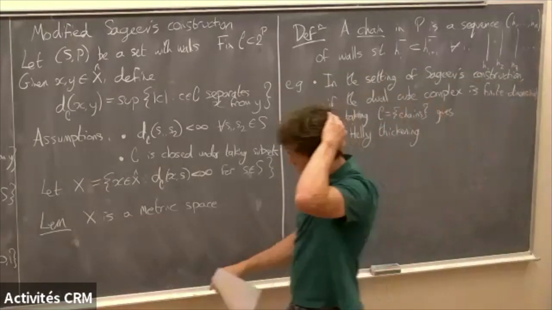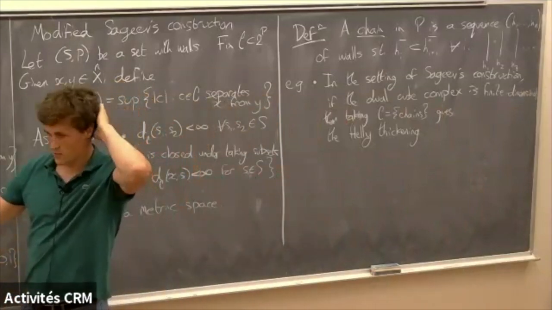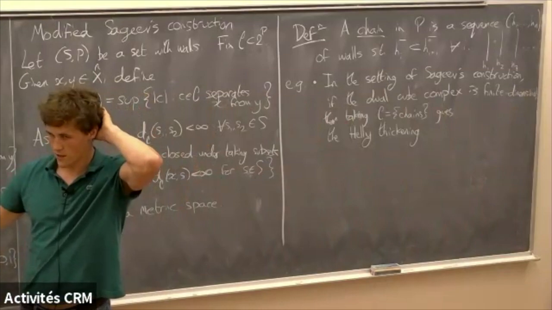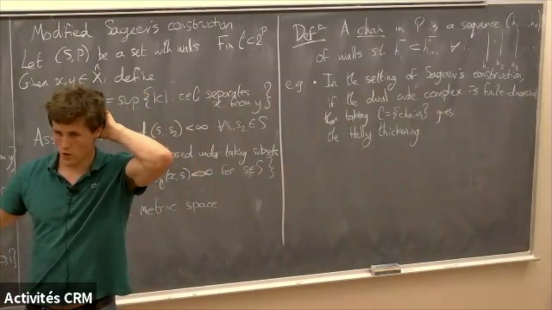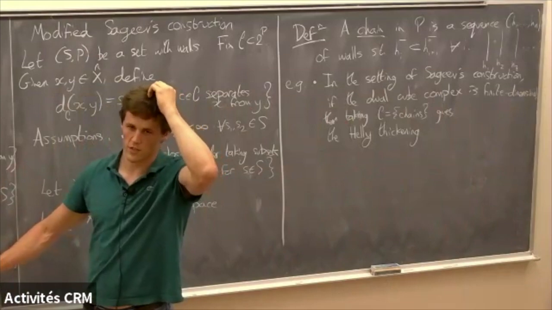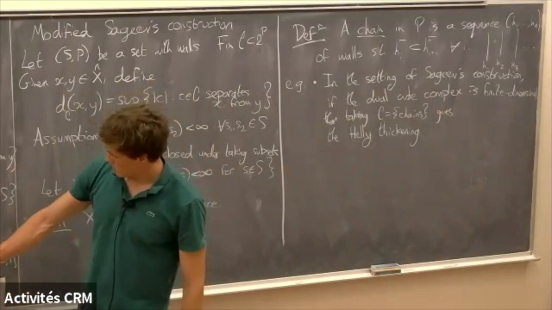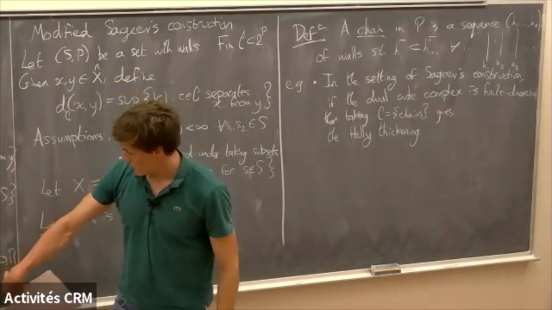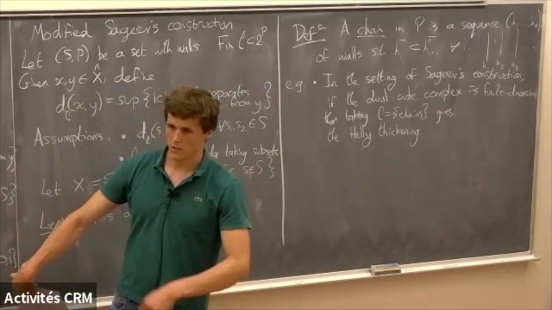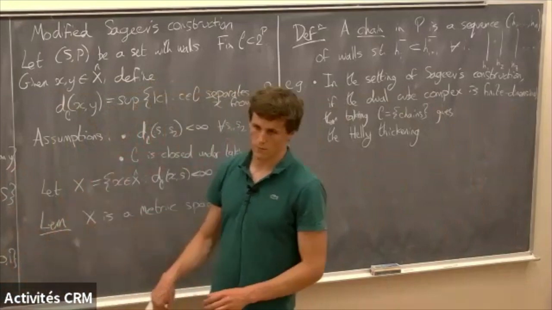Another example where you use the set of all chains would be down here. If you use the set of all chains, the only chains have length 1, and every two distinct ultrafilters are separated by a wall. So this dual space would be the direct product of {0,1}s with the L infinity metric instead of the direct sum of the {0,1}s with the L1 metric.